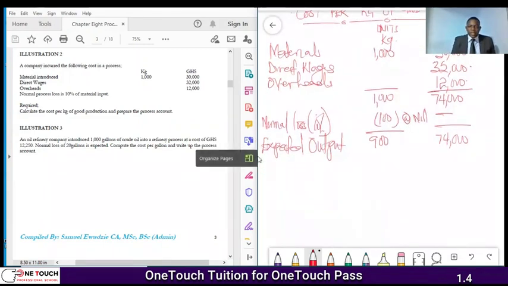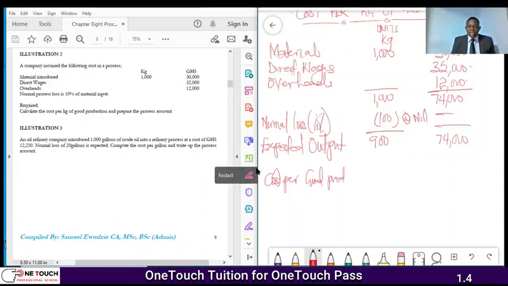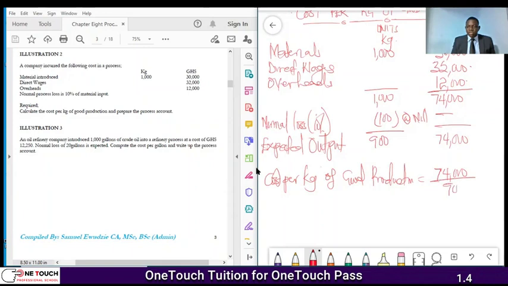So the cost per kg of good production equals the total cost of 74,000 divided by the expected output of 900.